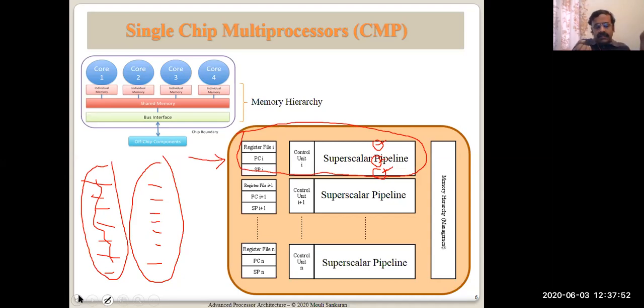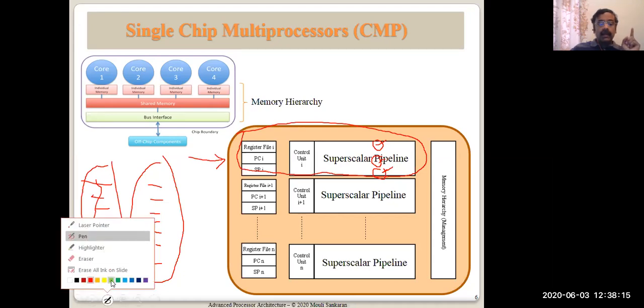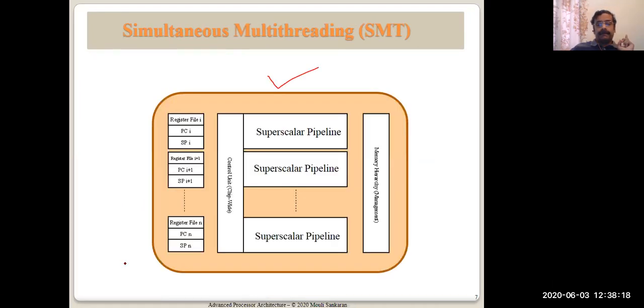If one is not giving me instructions because it is blocked by data dependency, I will look at the other one and ask, do you have any similar instructions which I can schedule? I'll put it in. So if I have this flexibility, I can keep my functional units as busy as possible. So this is the thought process behind SMT.